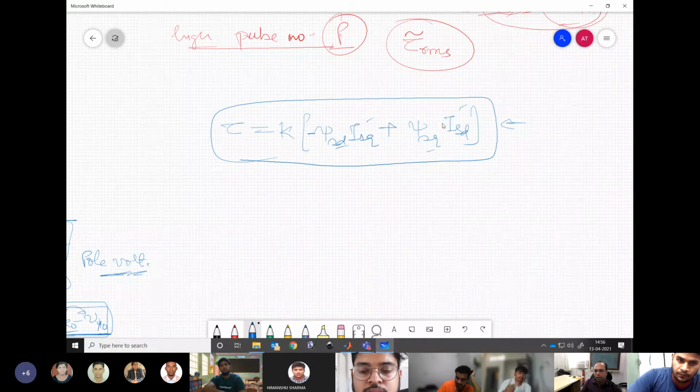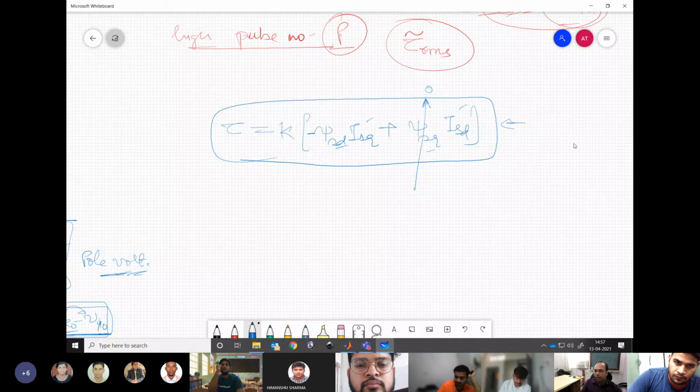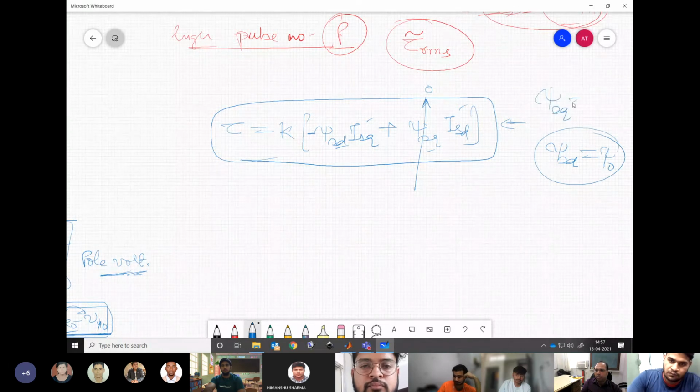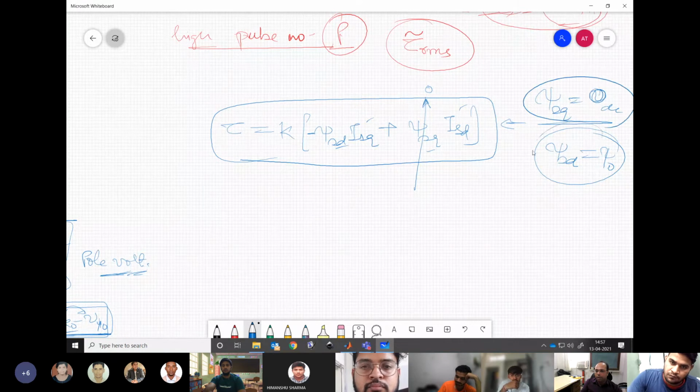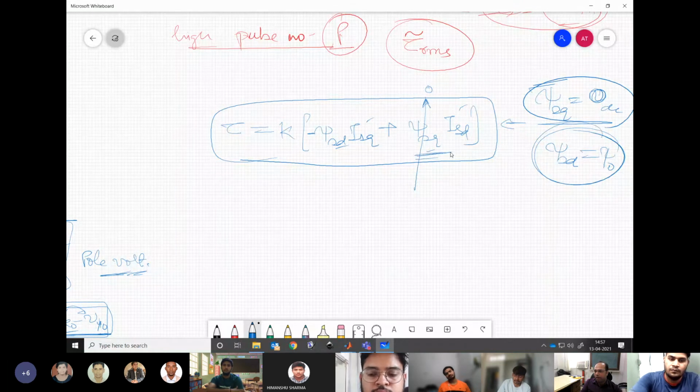Now the only thing to note over here is the DC value of this flux is 0. Our flux is mostly aligned along the D axis. So all the flux is along the D axis, and on the Q axis side we have 0 DC flux. But that does not mean we don't have any ripple also. So while doing the analysis, we cannot simply ignore this part.